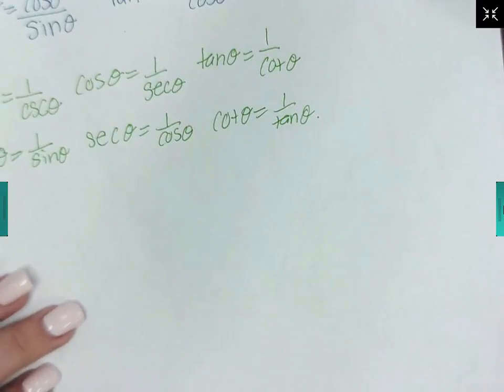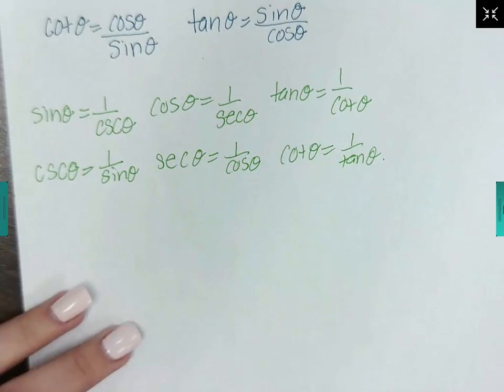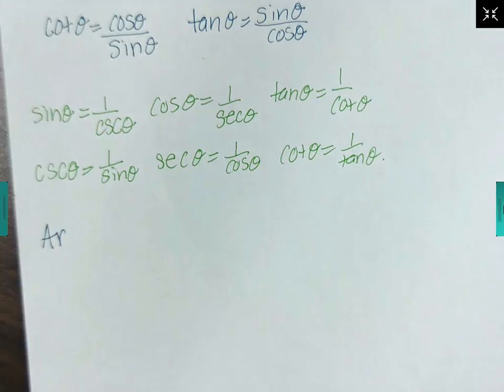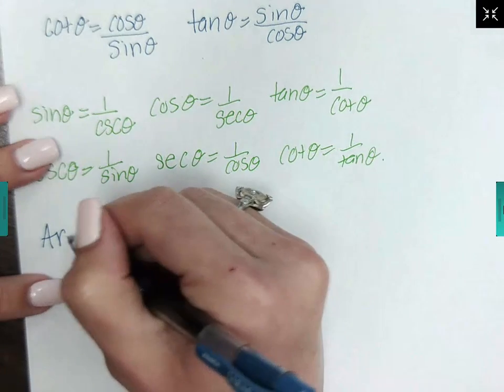Okay, let's continue. What is after this? Area. I already did the area formula. Let me do it again. The area is 1/2 ab sine C. Okay.